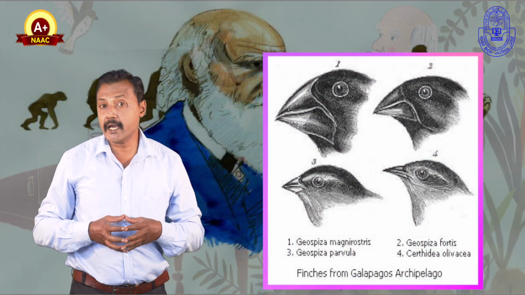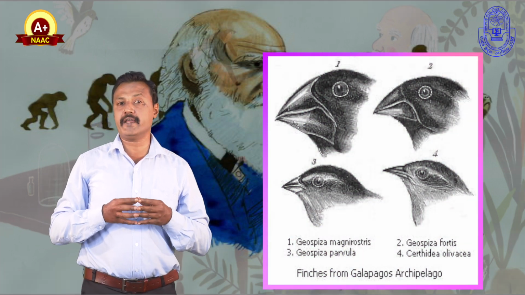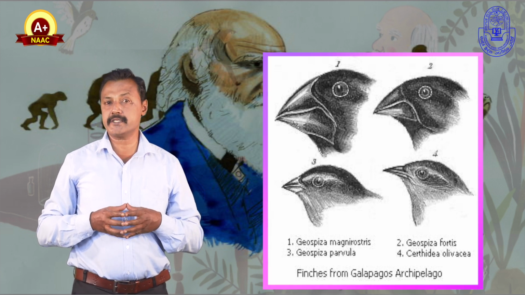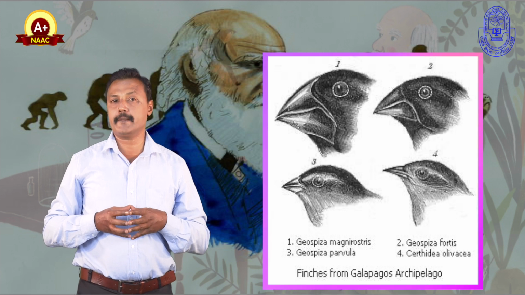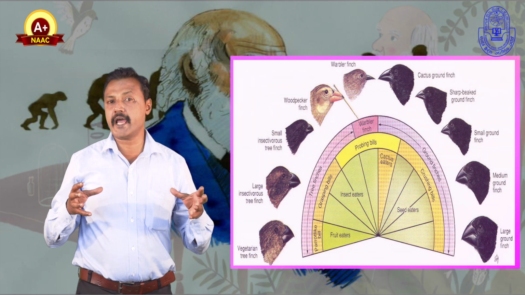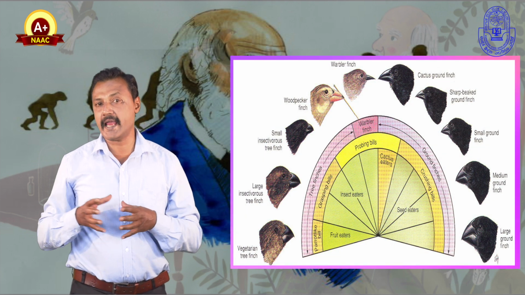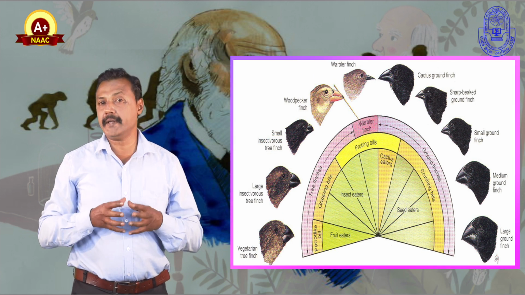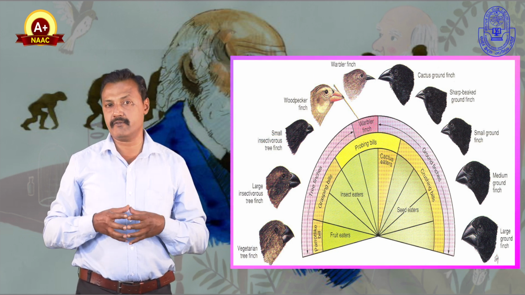Similarly, the woodpecker finches have cutter-like beaks which help them to cut wood and pick insects. Darwin, to his surprise, explained that these finches might have evolved over a long time from the main islands to different islands, where they adapted themselves to a particular environment.